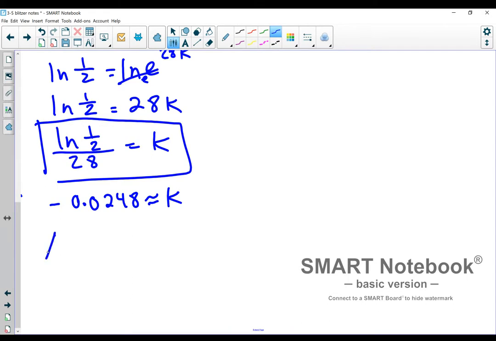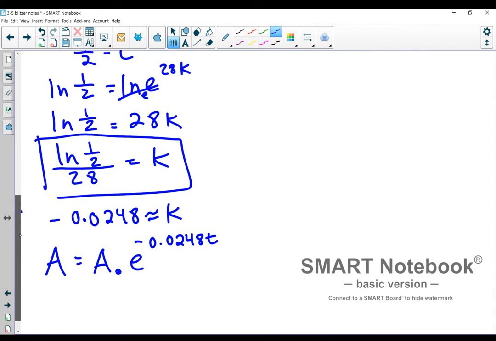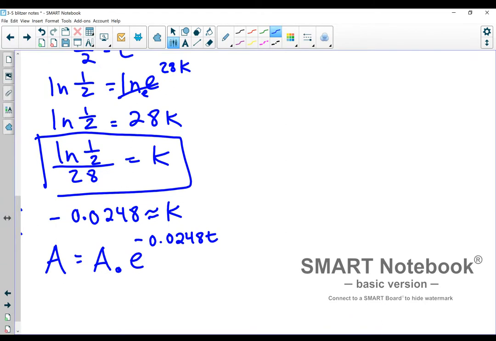So now I need to write my function. This time I'm going to have more variables because it doesn't matter how much I start with. I am always going to have this decay rate. So if I start out with 20 grams, I would put in 20, and then I would see what's left. So for part B, we are going to use our function that we came up with.